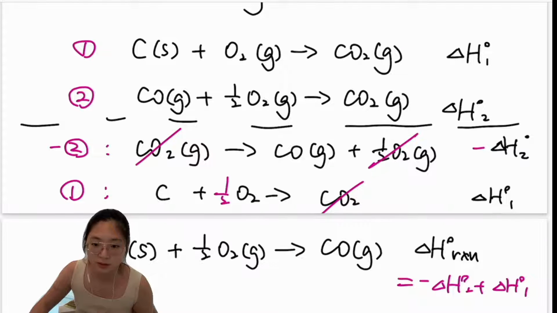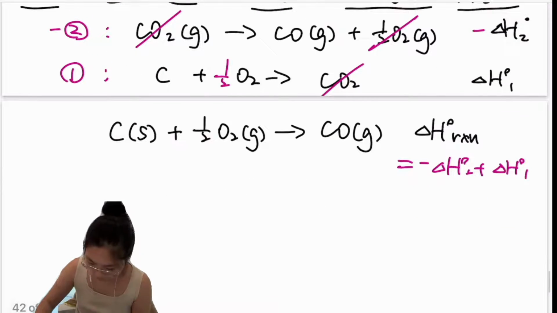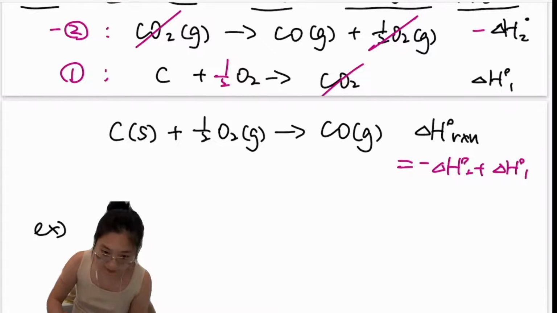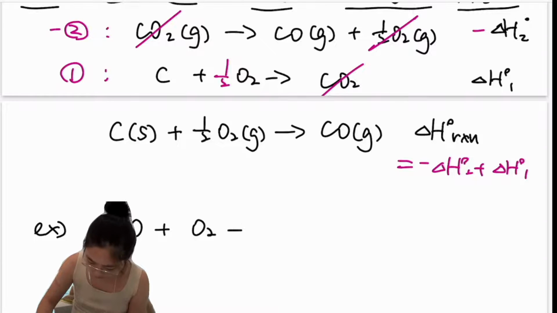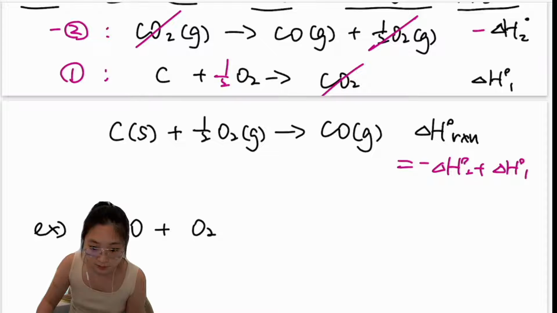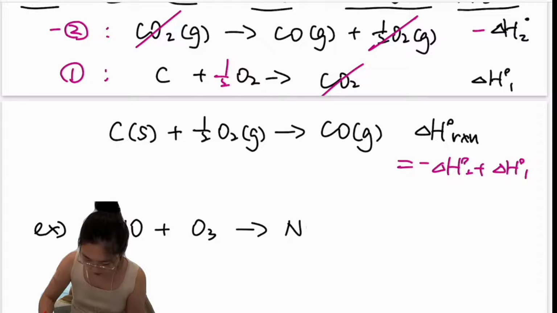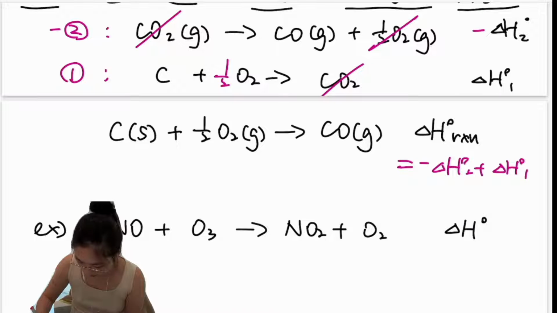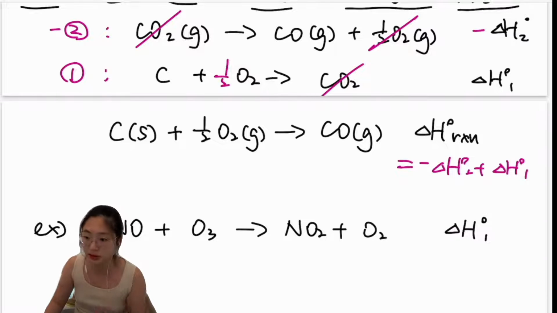Okay, so here we have another example. So for example, let's say nitrogen monoxide reacts with ozone, and then they form nitrogen dioxide and then oxygen. And let's say for this reaction, the enthalpy change is delta H1.